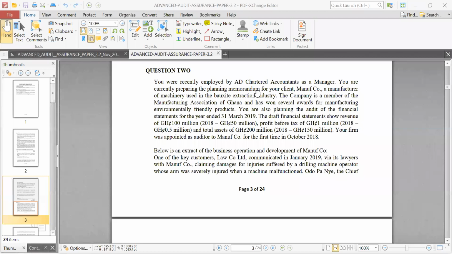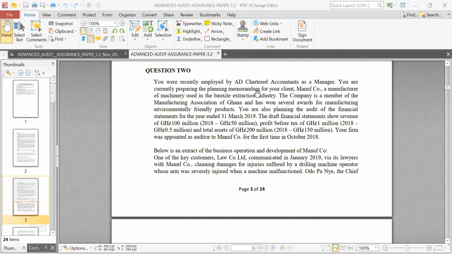You are planning the audit of the financial statements for the year ended 31st March 2019. The draft financial statements show revenue of 100 million Ghana cedis compared to 50 million in 2018, profit before tax of 1 million compared to 0.5 million in 2018, and total assets of 200 million compared to 150 million in 2018.